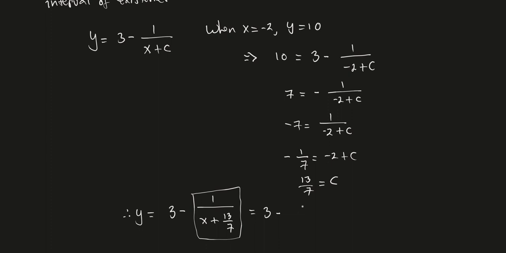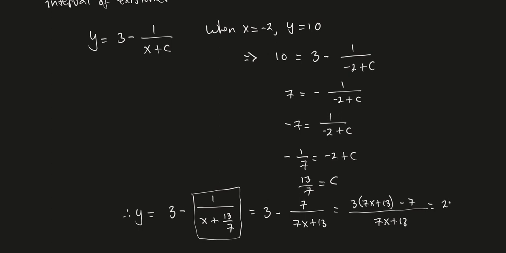So I'll have 3 minus 7 over 7x plus 13. Get our common denominator, so that's 3 times the quantity 7x plus 13 minus 7 in the numerator, and now my common denominator is 7x plus 13. So let's see, so we got 21x.